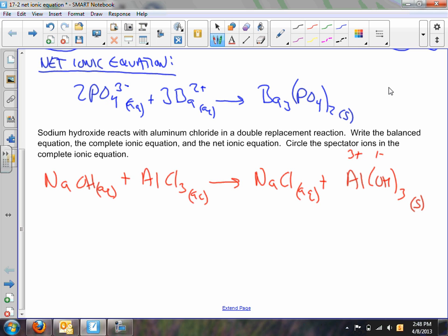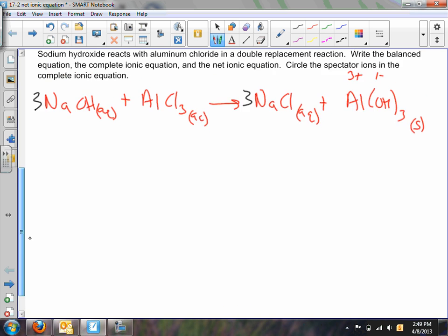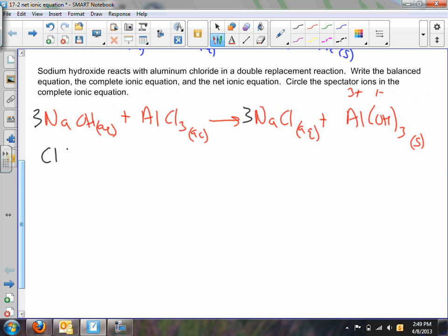If we balance this, looks like I need 3 in front of the sodium hydroxide for my hydroxides, 3 sodium chlorides, and now we're balanced. To write a complete ionic equation, separate everything that is aqueous into ions.